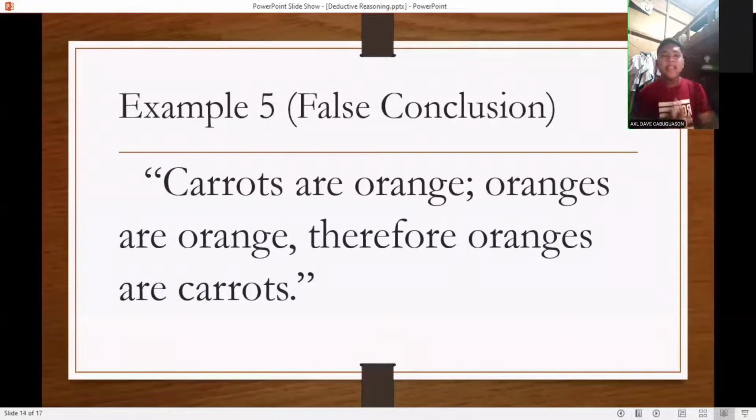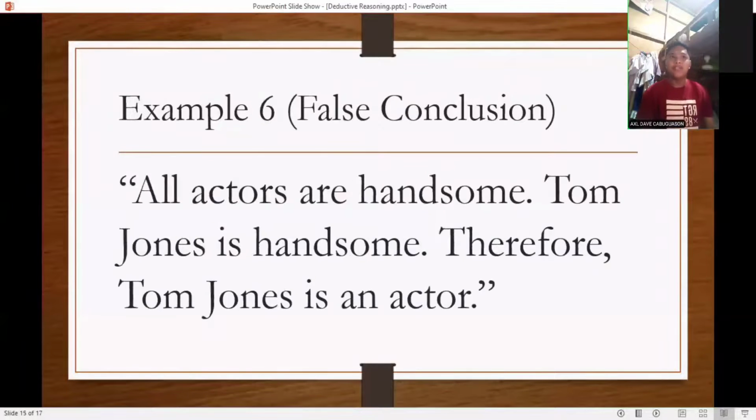The major premise here is that carrots are orange, and the minor premise is oranges are orange. So they don't have much relationship with each other. That's why their relationship is very weak, and it comes up with a conclusion that is false. So this is a deductive reasoning that has a false conclusion.